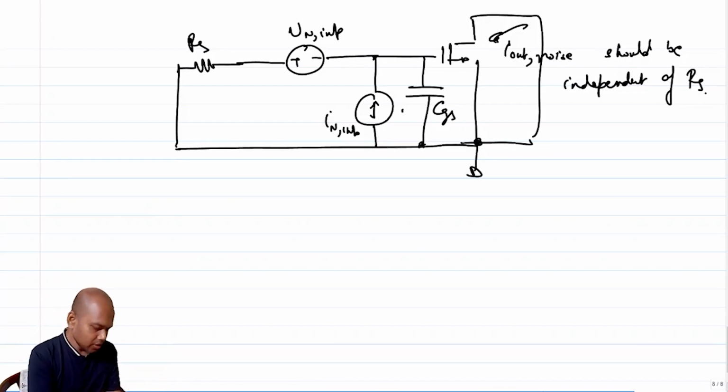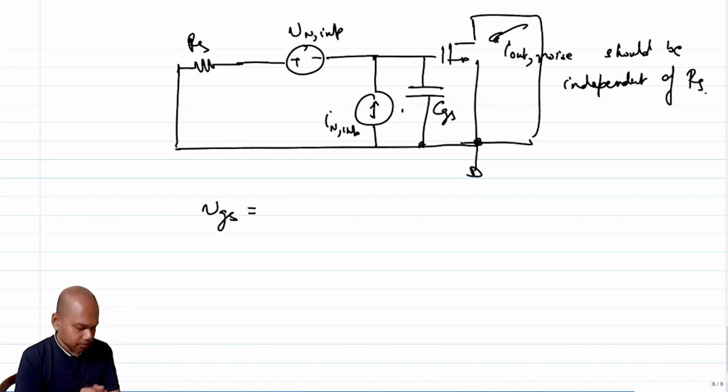So let's do that. What is VGS in this case? I can use superposition, since this is a linear LTI circuit in an incremental model.